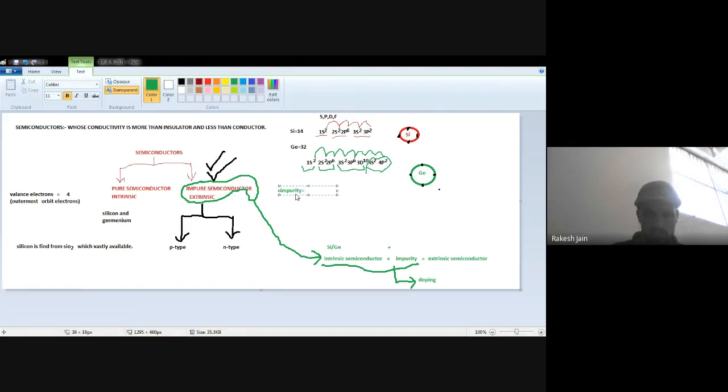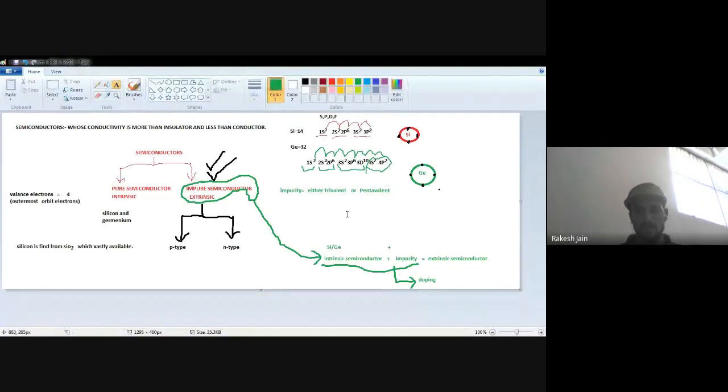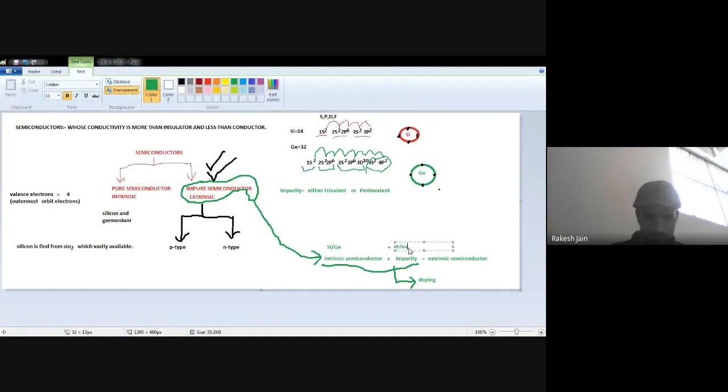Which kind of impurity? Either trivalent or pentavalent. For example, let's suppose I just add a trivalent impurity. If I add a trivalent as an impurity, then I will find an extrinsic semiconductor. Which extrinsic semiconductor will I find?